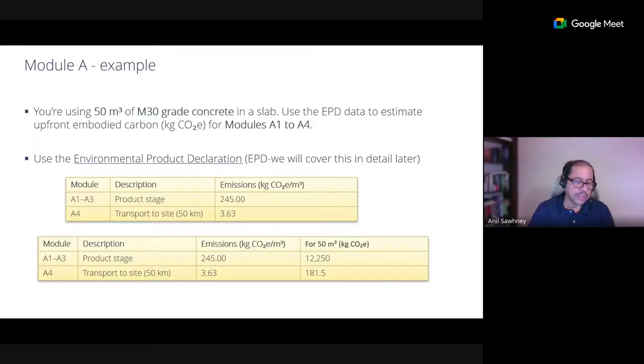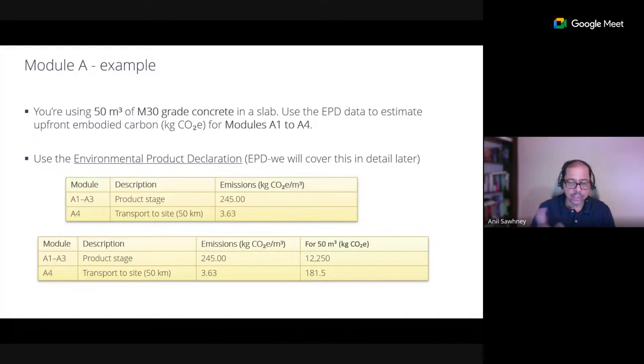So if you were doing a decent size office building, for example, one key thing that you would need is obviously the quantities. You also want to make sure that the quantities and the units match with the EPD that you're using. So maybe you have 50 cubic yards of concrete, but the EPD is for cubic meter of concrete.